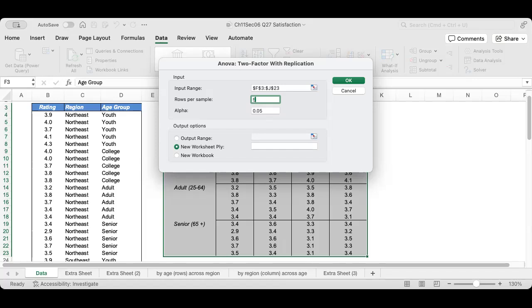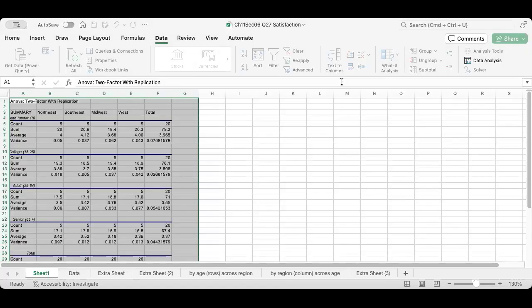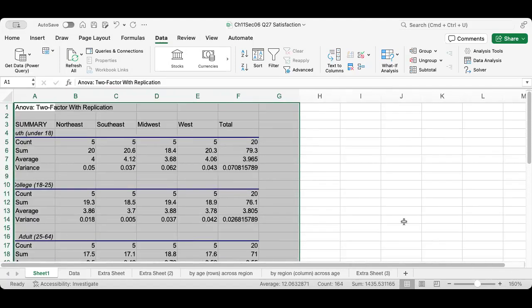Again, I'll do 5% for now. We can change that and adjust as we see fit based on the needs of the market survey. But that alpha being 0.05 is almost always standard. Go. Okay. I got a lot of information here.